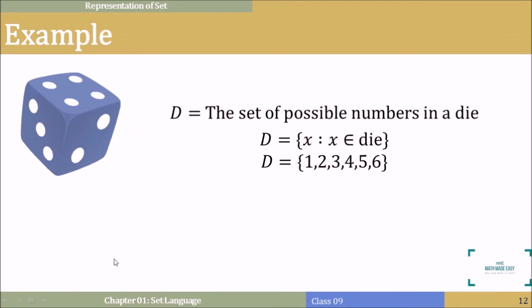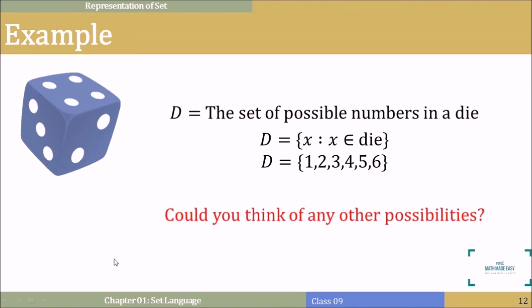Can you think of another way of describing this set? Can you think of any other possibilities? Yes, you can. So you can give D equal to the set of x such that x belongs to natural numbers, and we impose the condition on natural numbers such that x must belong from 1 to 6.